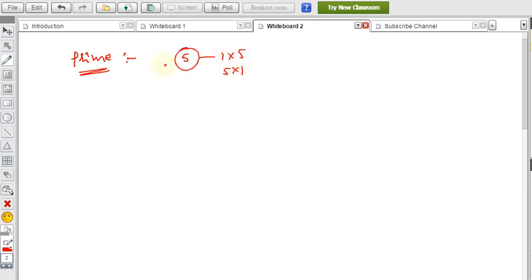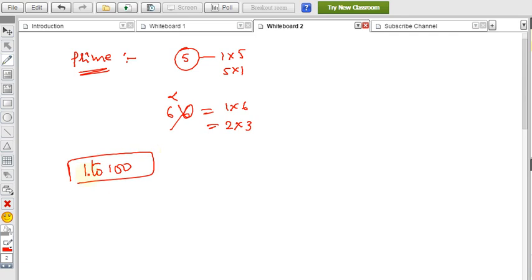I can't write more than this, so 5 is a prime number. If you take 6, I can write 1 into 6, and also 2 into 3. So 6 is not a prime number. The factors of a prime number should be only 1 and itself. So how many prime numbers are there between 1 to 100?